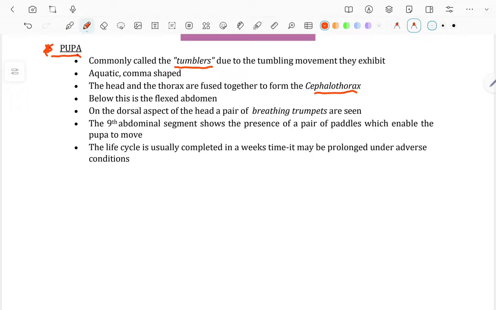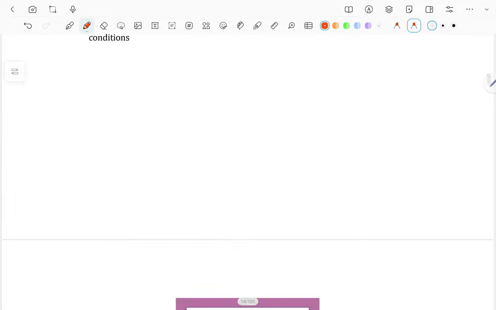On the dorsal aspect of the head, a pair of breathing trumpets is seen. The ninth abdominal segment has a pair of paddles which enable the pupa to move. The life cycle is usually completed in a week's time. It may be prolonged under adverse conditions.